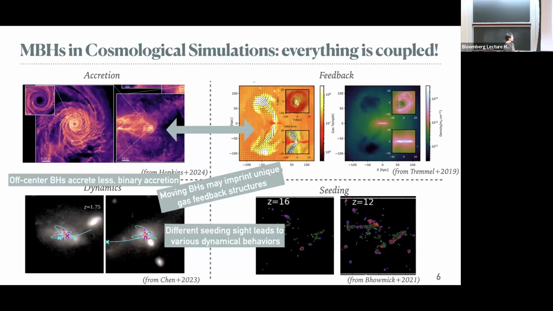You also have binary accretion, which might change how the black hole accretes and how the orbit shrinks. And a different seeding mechanism might determine how the black hole behaves dynamically. A black hole that moves around can also have less of a feedback effect at the galaxy center, or have different effects on the surrounding gas morphology.